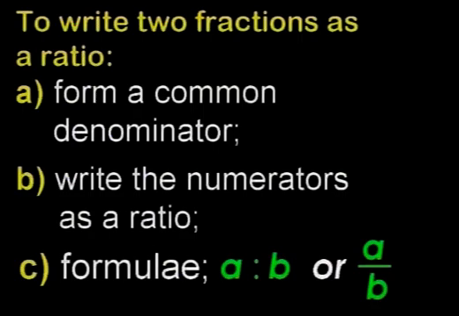B, write the numerators as a ratio. And C, the formula that can be used in writing a ratio would be A is to B or A over B as a fraction.